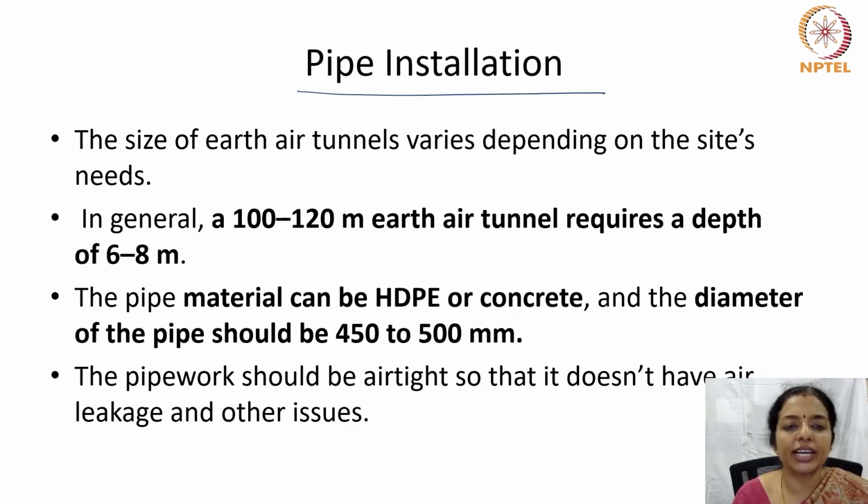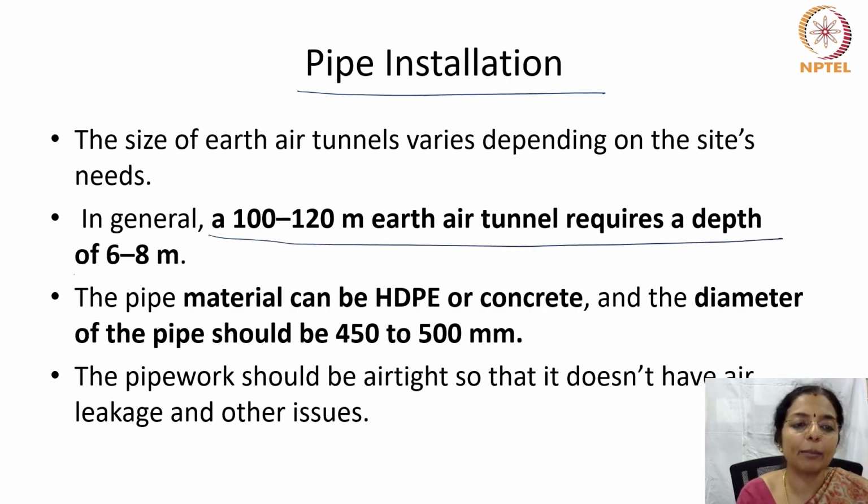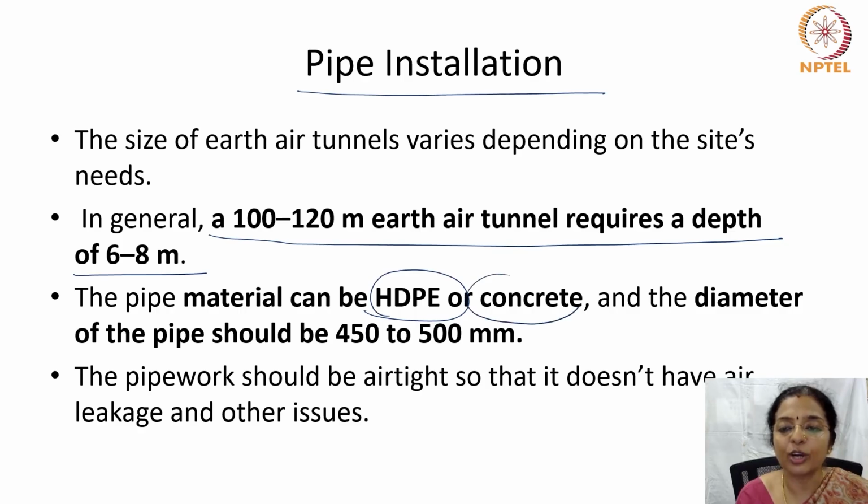In general, a 100 to 120 meter earth-air tunnel requires a depth of 6 to 8 meters. The pipe material can be HDPE or concrete, and the diameter of the pipe should approximately be 450 to 500 mm. These are all thumb rules that I am telling.